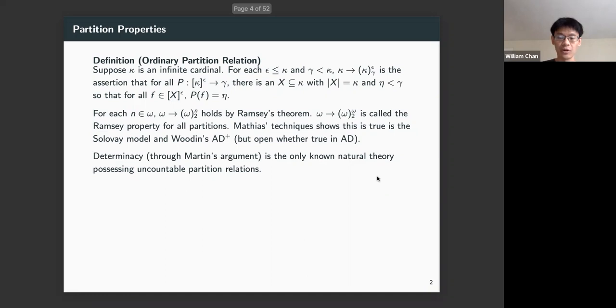The axiom of determinacy, using Martin's coding technique, is essentially the only known way to generate uncountable partition cardinals. For us, it will be more useful to have a slightly different but essentially equivalent form of the partition relation.